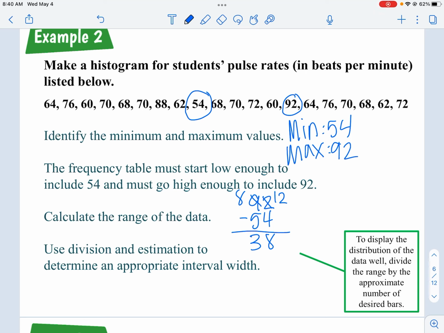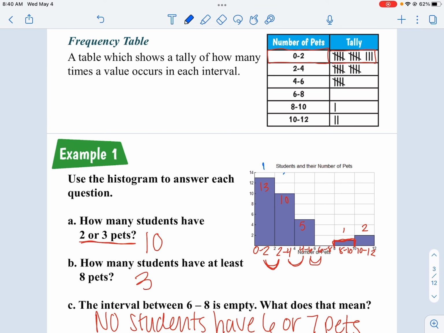So then I need to use division and estimation to determine an appropriate interval width. Okay, so that means I need to figure out how many intervals we're going to have. So this one had 1, 2, 3, 4, 5 intervals. This one had 1, 2, 3, 4, 5, 6 intervals.